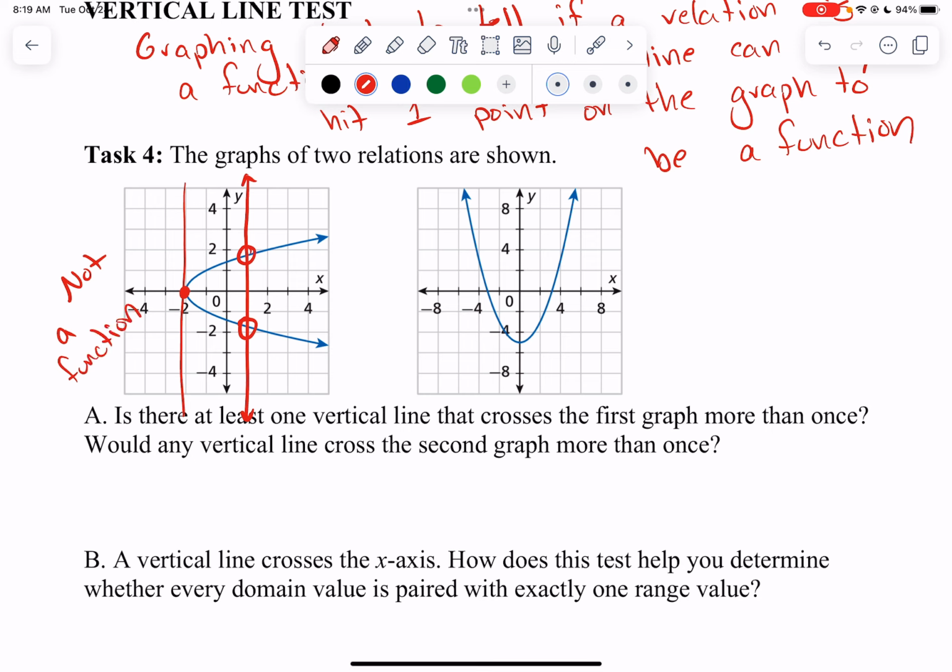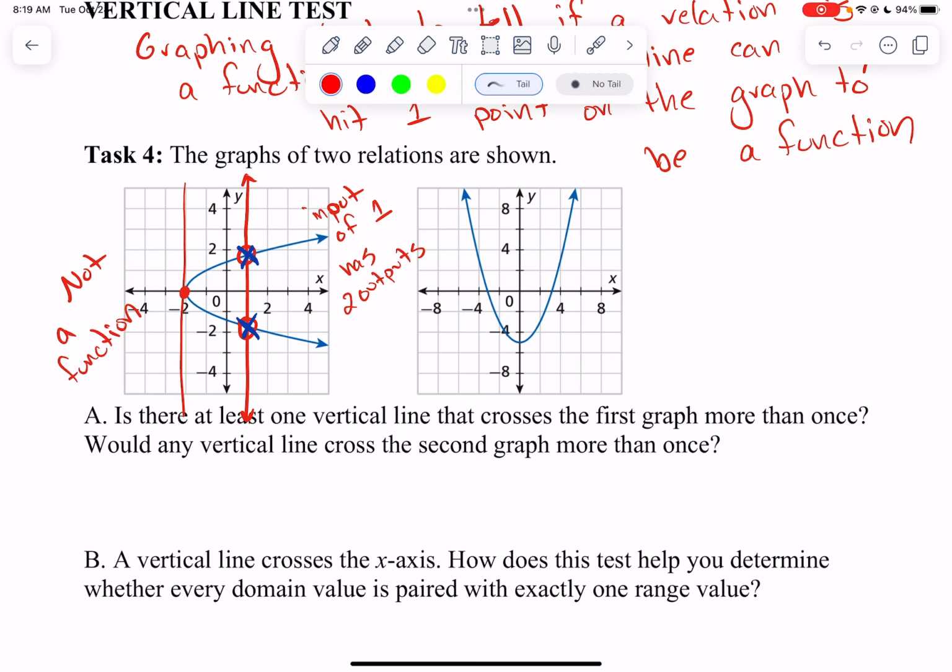Basically what that tells me is that my input of 1, because my x value here is 1, has two outputs. This value up here, which looks like almost 2, not quite, and this value down here, which looks like almost -2, not quite. So it has two outputs.